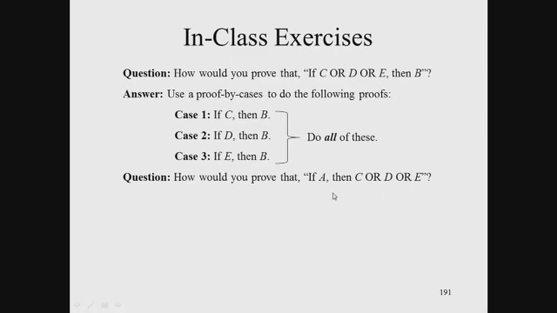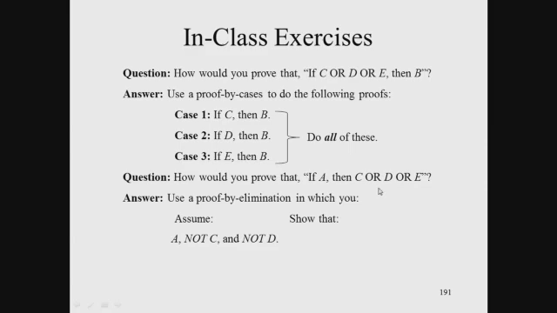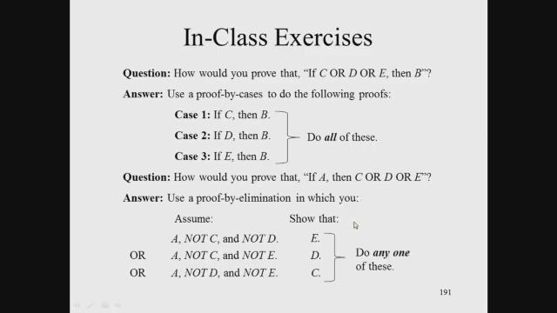That's correct. Assume A is true, C is not true, and D is not true, and then what would you have to show is true? E is true. Correct. Alternatively, you could assume A is true, C is not true, and E is not true, and show that D is true. Or you could assume that A is true, D is not true, E is not true, and show that C is true. Doing any one of these is all you need.